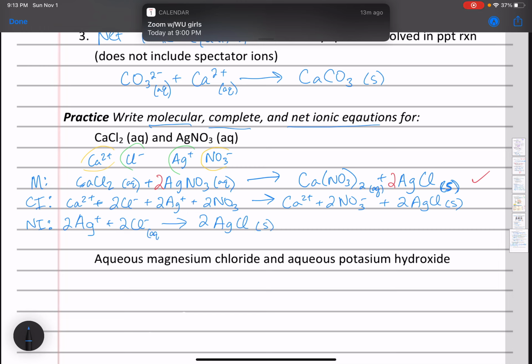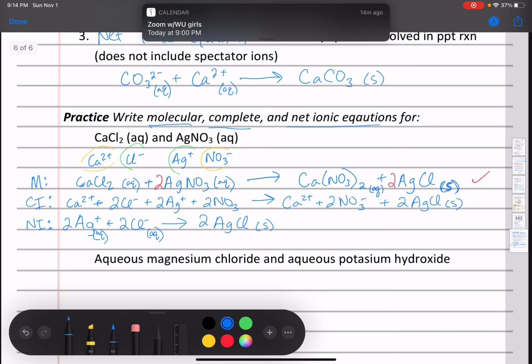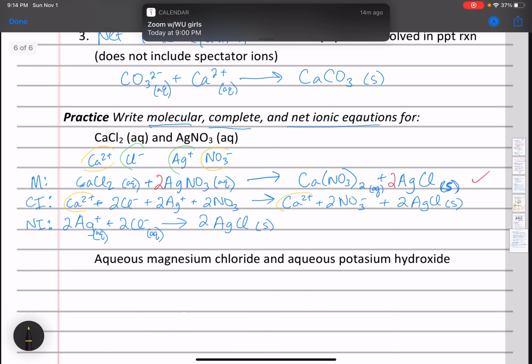And now I will include the states of those ions being aqueous. All right, so just to point out to you, the spectator ions are the calcium and the nitrate ions.